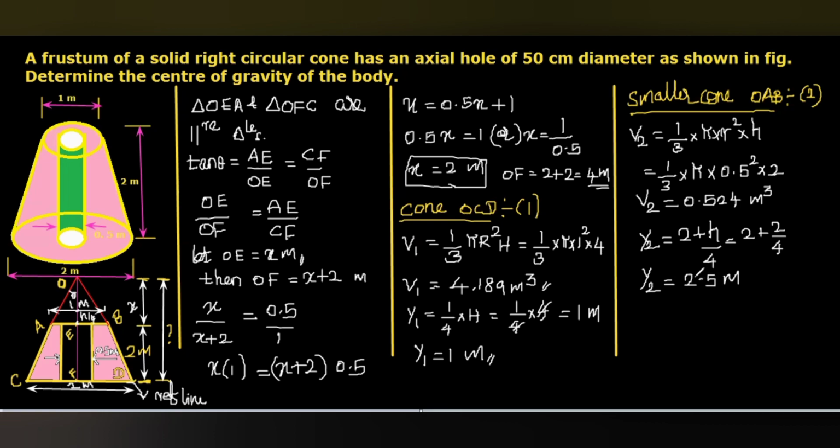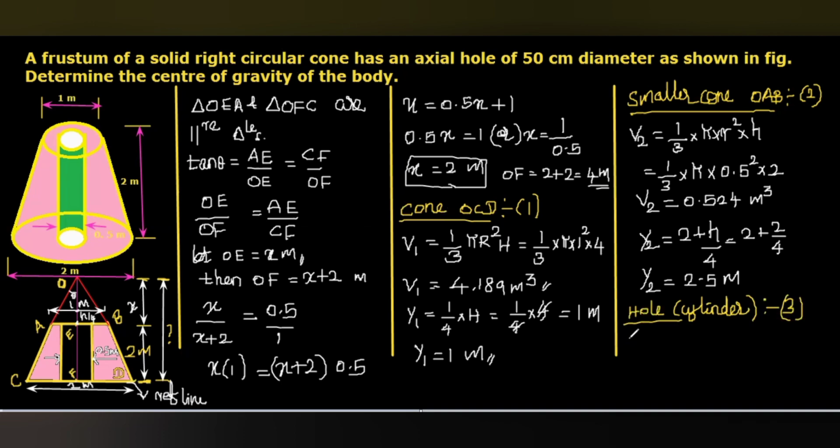Then finally, the axial hole. The axial hole will be in the form of a cylinder. That's the third segment, the axial hole, in the form of a cylinder. This also has to be removed.